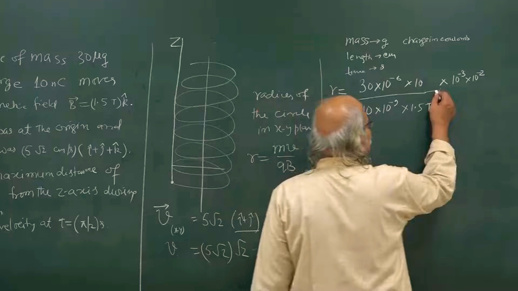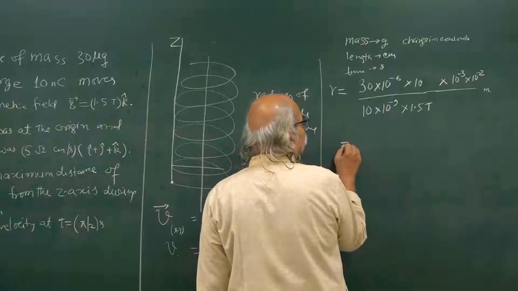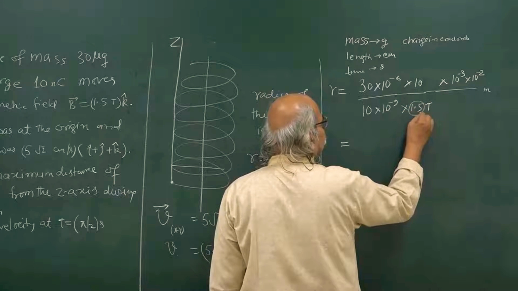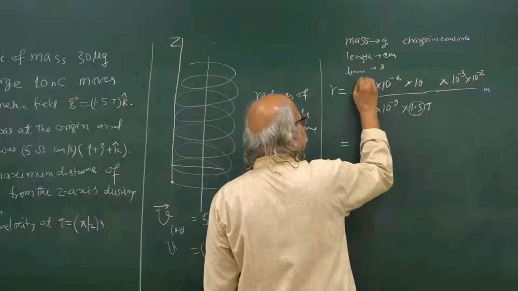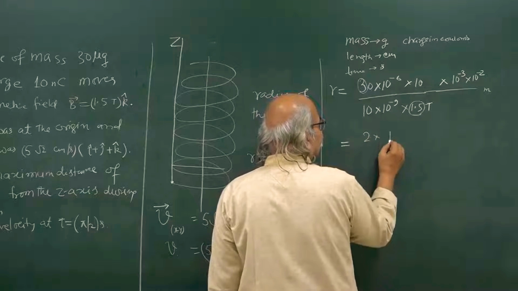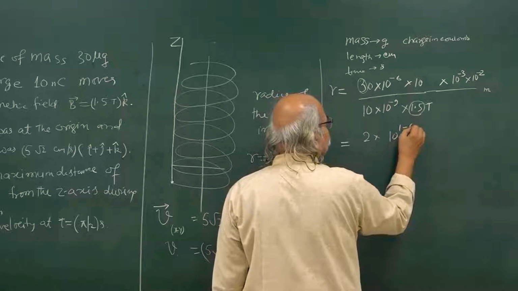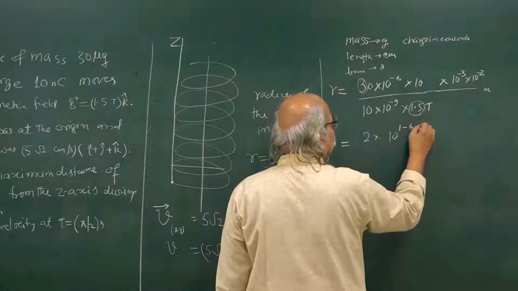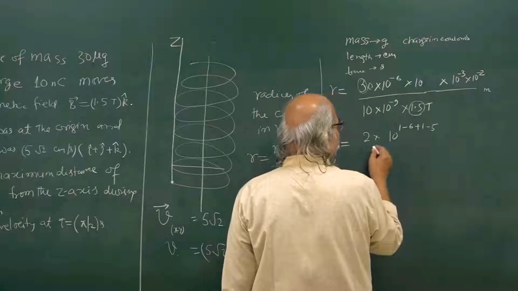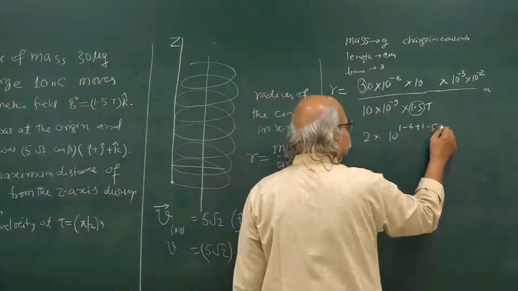So you can work out how much it is. It is 1.5 here and 3 here, so that is 2, that is 2, and the remaining is all 10. So 1 power from here, minus 6 from here, 1 power from here, and minus 5 power from here, and then this is 10 power minus 8, so plus 8 here.